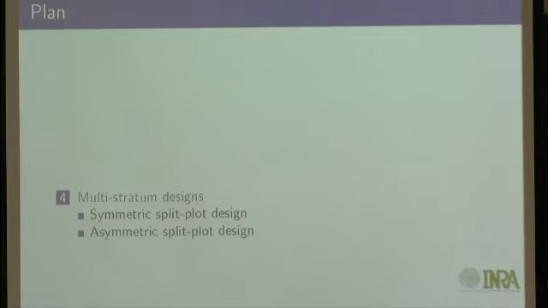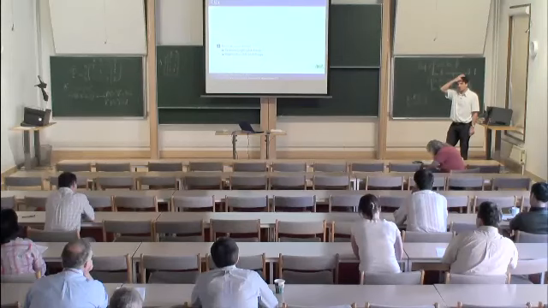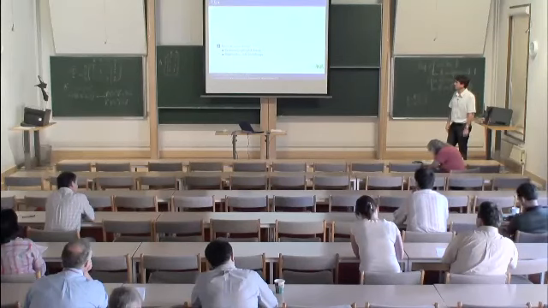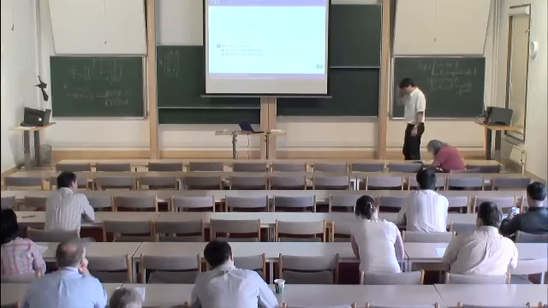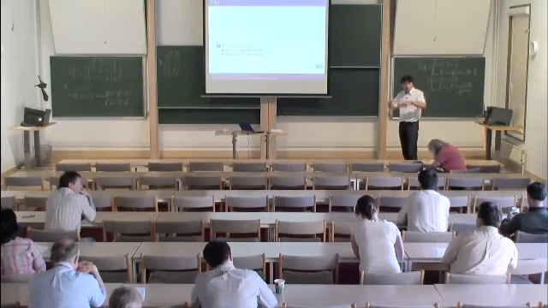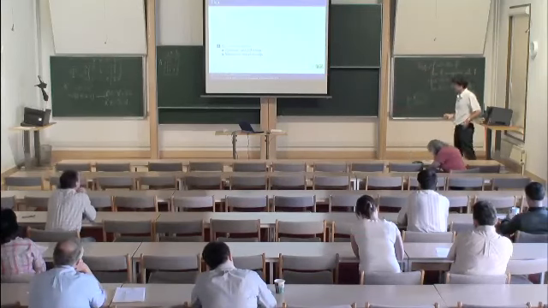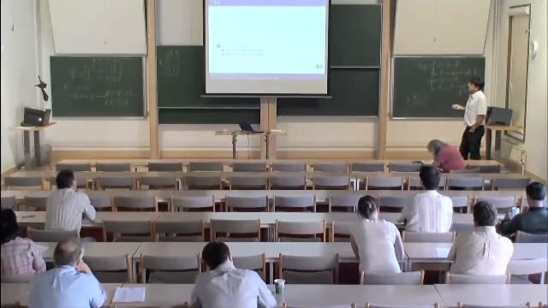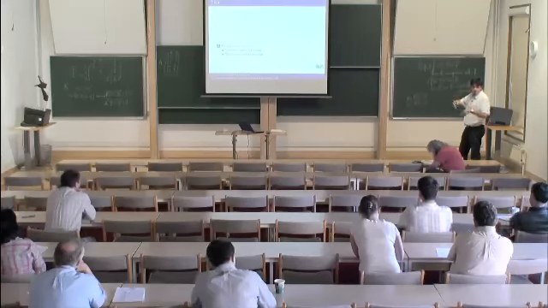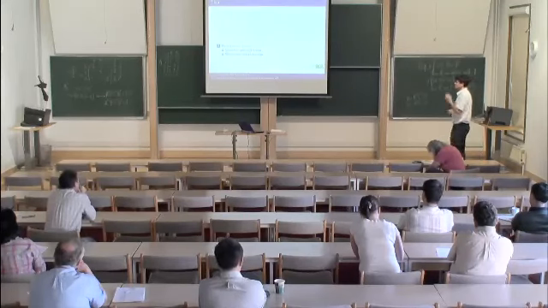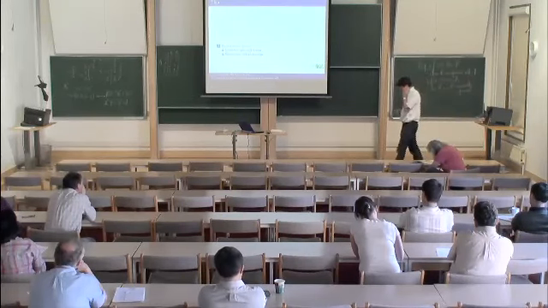And if you have questions, I'm going a bit faster, so I hope it remains clear. Of course, when we will construct the actual design, we will have to recombine the pseudo factors into the initial factors. So the third type of examples I want to show is multistratum designs.